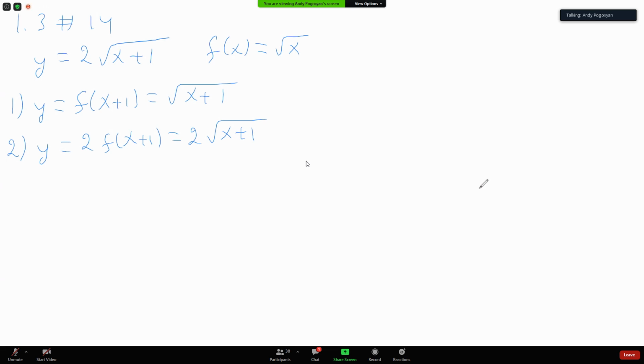So the original function, when you graph, we need to use a few points. So the points we'll use are 3 points: 0, 0, 1, 1, 4, 2.